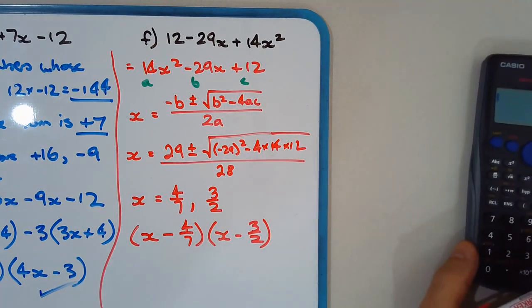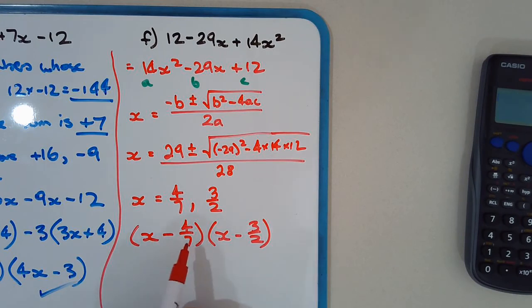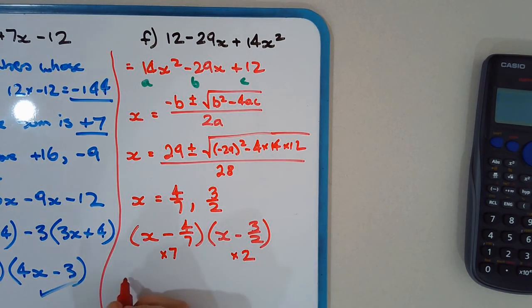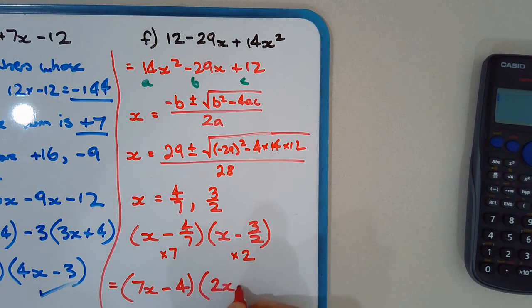So we're going to write these as whole numbers by multiplying this first bracket by 7 and this one by 2. So what we end up with is 7x minus 4, and this one will be 2x minus 3.